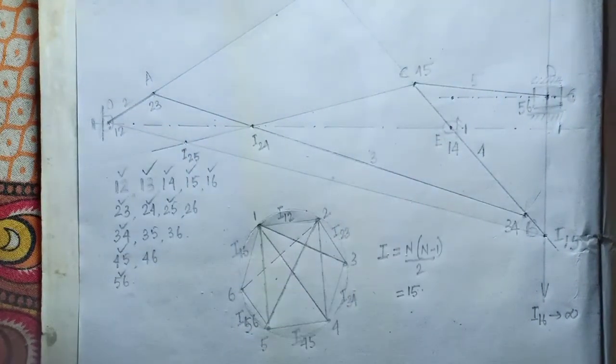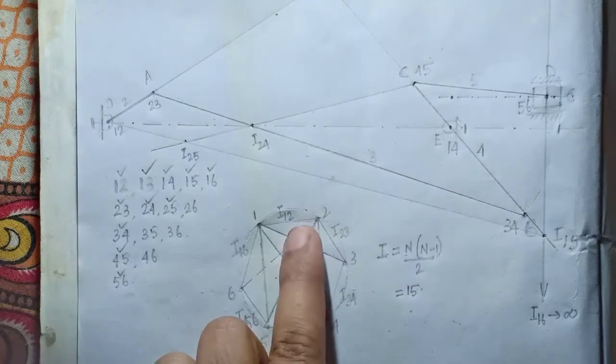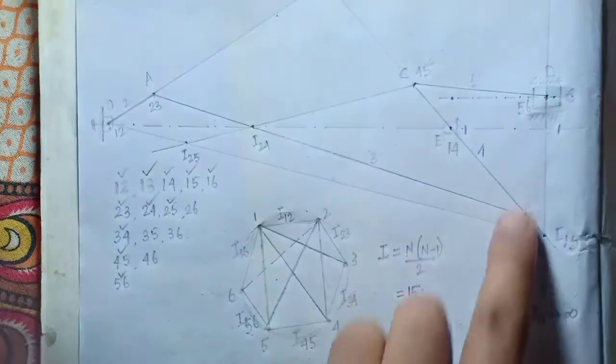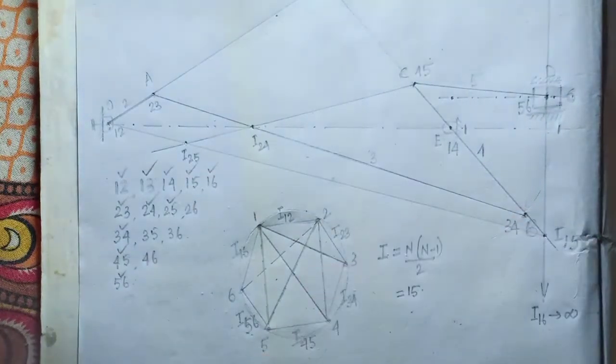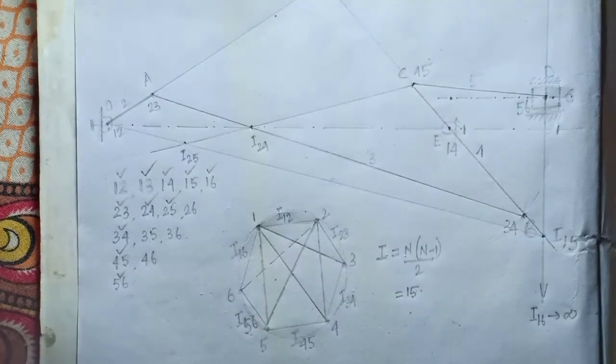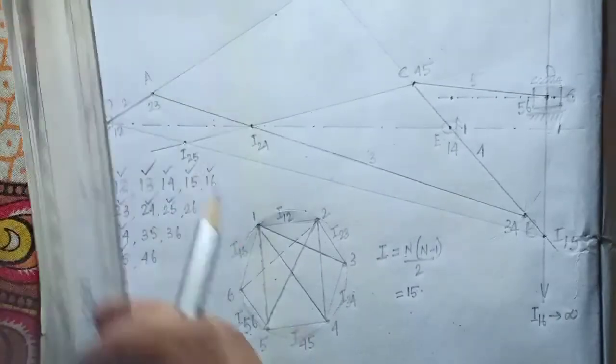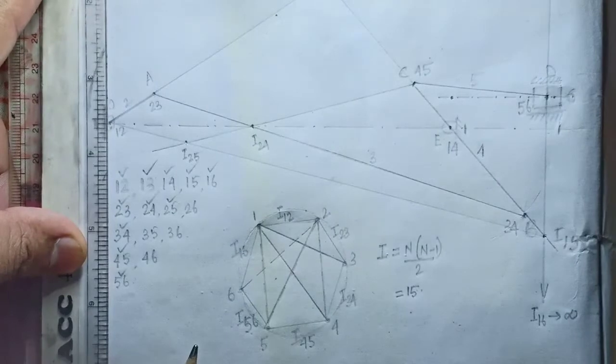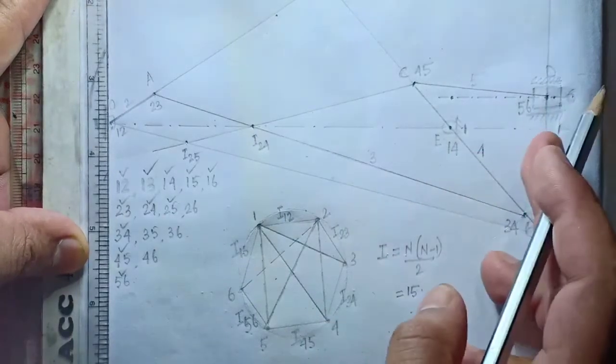So we need to draw I12 and I16, means the I16 line has to pass through the I12 point. So here we are having the I12 point, so just pass the I16 line, and the I16 line has to be parallel to the previous line.